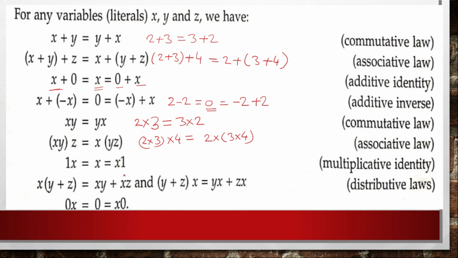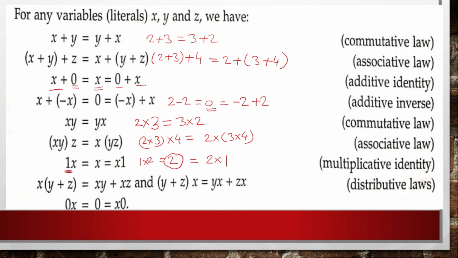Now the multiplicative identity is 1. That means if I multiply any number by 1, the answer will be the same number. Okay, the additive identity is 0 and the multiplicative identity is 1.